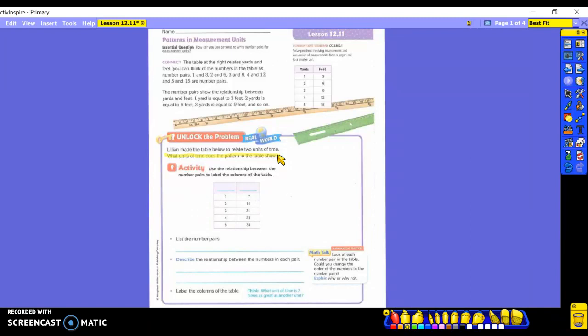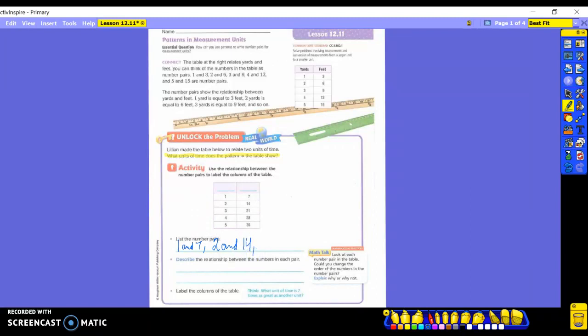So I want you to think about those. Why don't we go ahead and list them since we just said them. We had 1 and 7, and this is how you're going to write it with the and sign, then put a comma. 2 and 14.